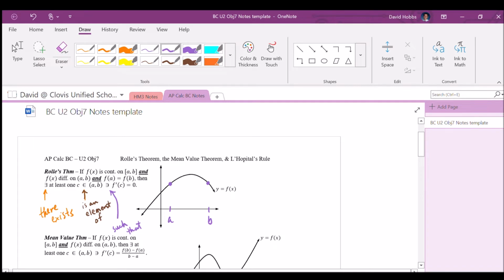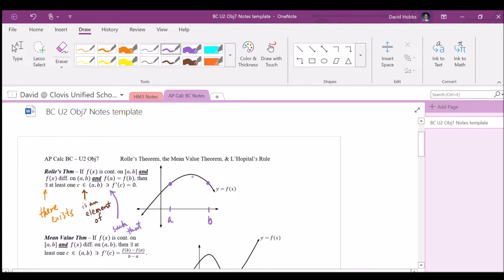And what's the derivative again? Really, it's the slope of the tangent line. So the slope of the tangent line at c is equal to 0, so the tangent line is a horizontal tangent line at that point. So as long as the first three things are all true, then we're guaranteed to have a horizontal tangent line slope somewhere in the open interval.